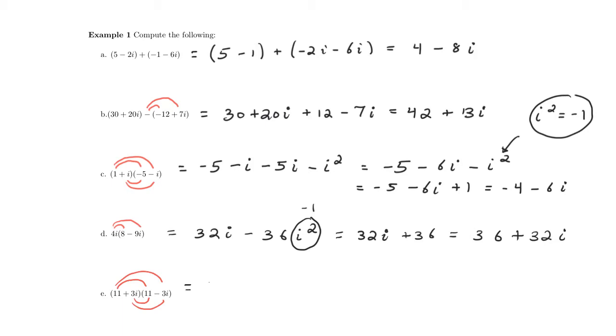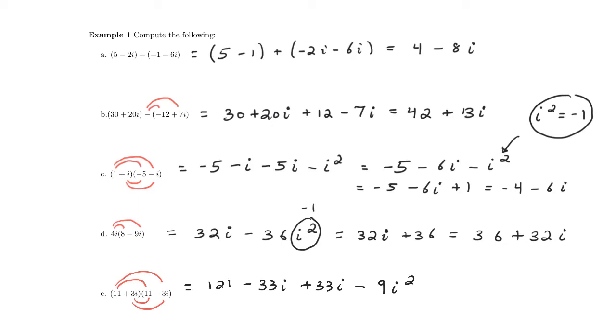We have 11 times 11, 121. Then we have 11 times negative 3i, that's negative 33i. Okay. Well, now we get a positive 33i. And then for the last step, we get negative 9i squared.